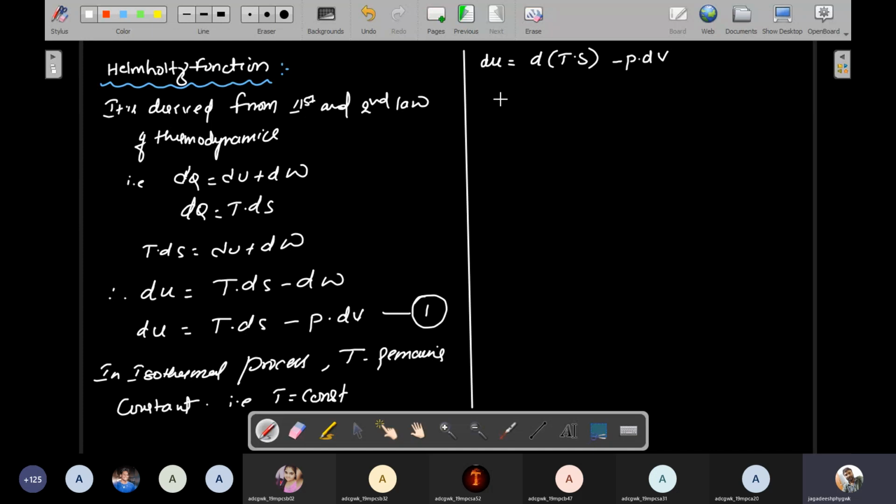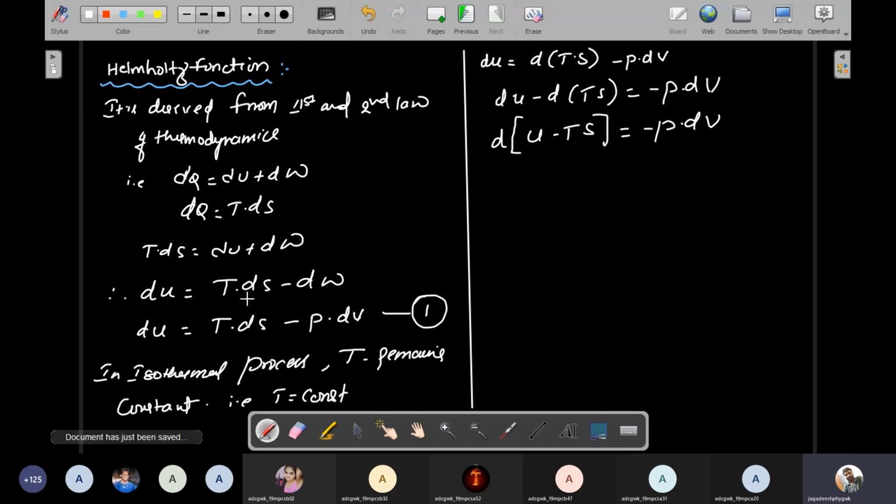So therefore, if you simply move this term to this side, du minus d of ts is equal to minus p dot dv. If you take the common differential factor out, d of (u minus ts) is equal to minus p dot dv. Understand everybody? Simple: the constant moves inside the differential.